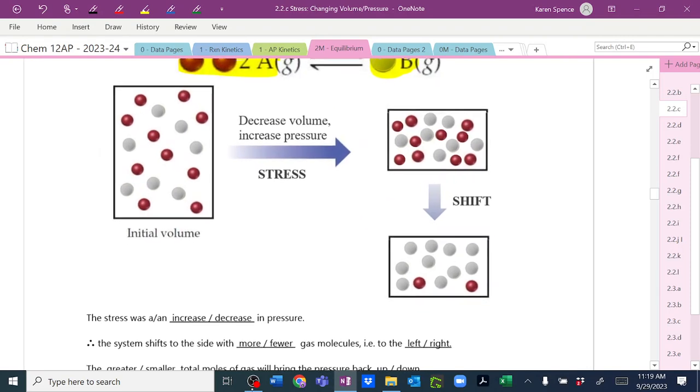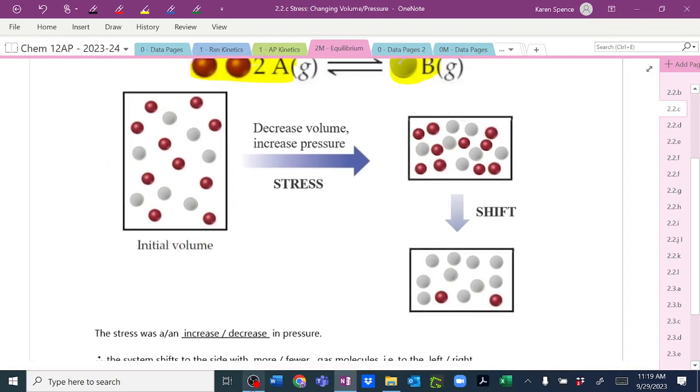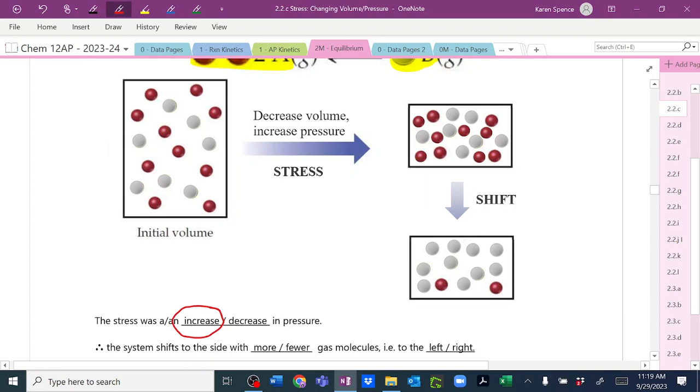The stress was an increase in pressure. This is the Le Chatelier argument. Tell your partner, what did Le Chatelier say? What is Le Chatelier's principle?